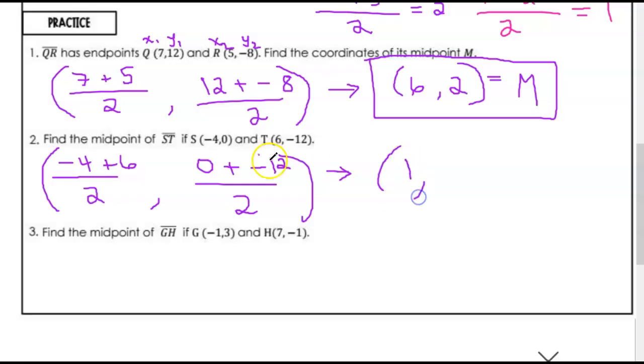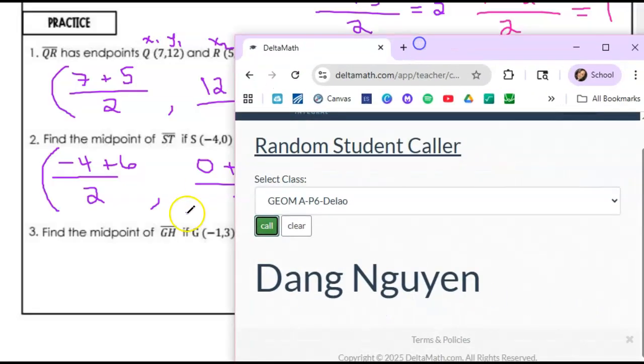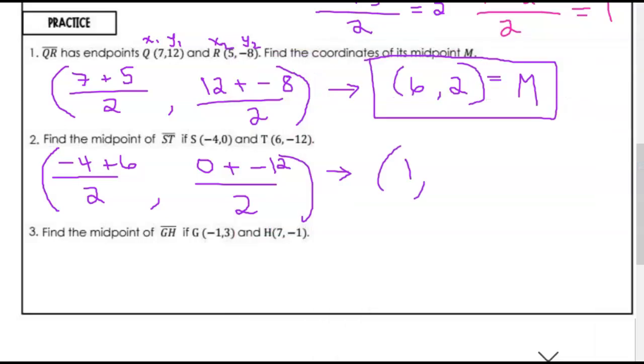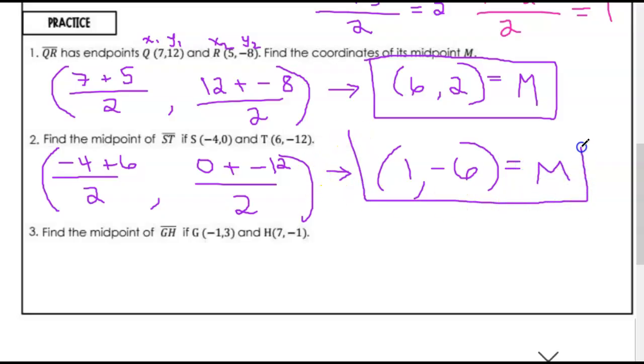Good, thank you. And for the Y, not positive 6, what is it? Minus 6, good. Good job.